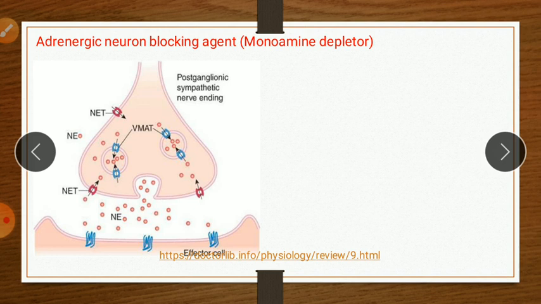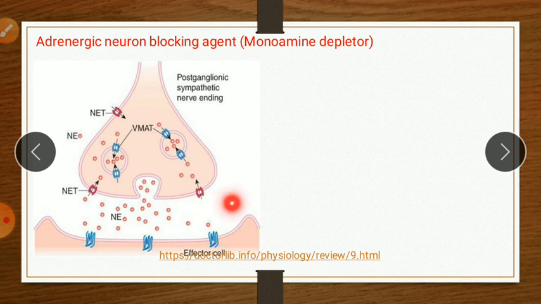So any neurotransmitter, after release into the synaptic cleft and after producing its effect, is terminated. Here the neurotransmitter is noradrenaline. Normally noradrenaline is released into the synaptic cleft. Some part of noradrenaline binds to its receptor present on the postsynaptic membrane.